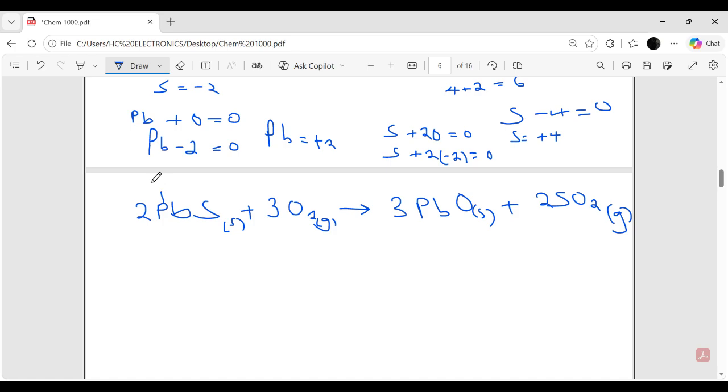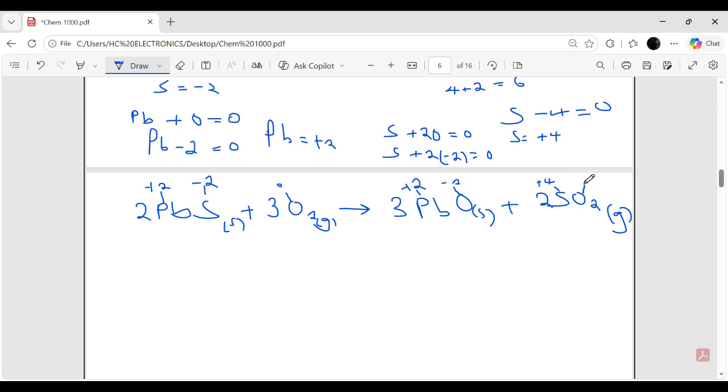Okay, so this one is plus 2, negative 2, okay. Then here we have 0, okay. Then here we have plus 2, then here we have oxygen, which is negative 2, then here we have sulfur, which is plus 4, okay.